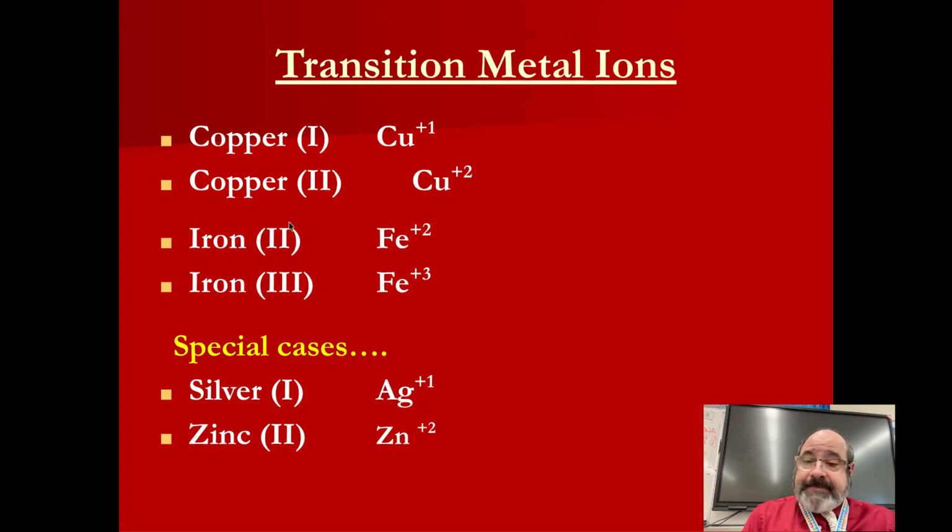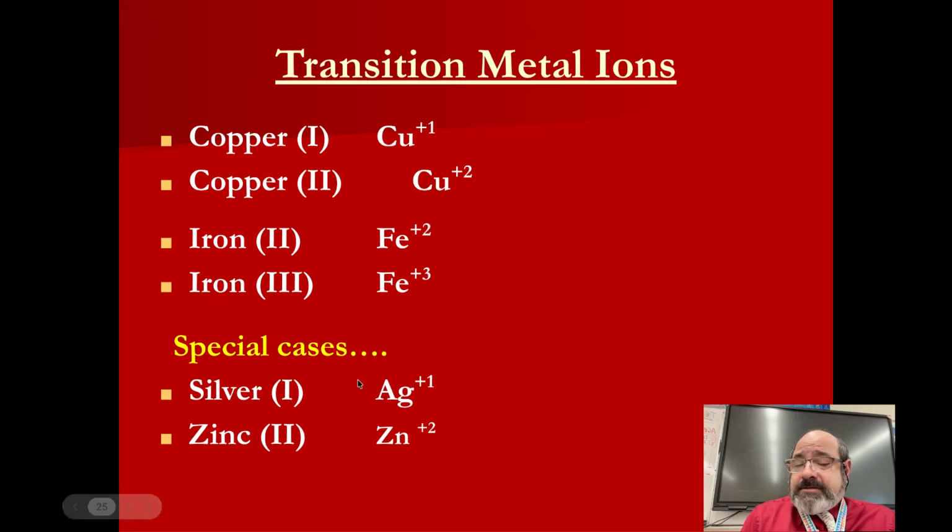Iron can be iron 2 or iron 3, plus 2, plus 3. Special cases, these are for those folks who are going to use this in college. Silver is always a plus 1. Zinc is always a plus 2.